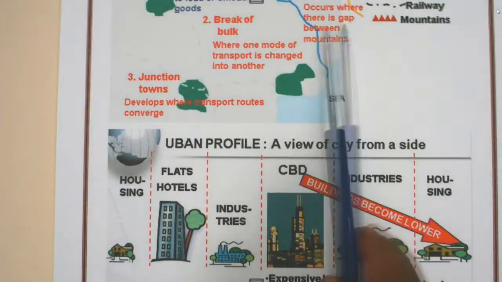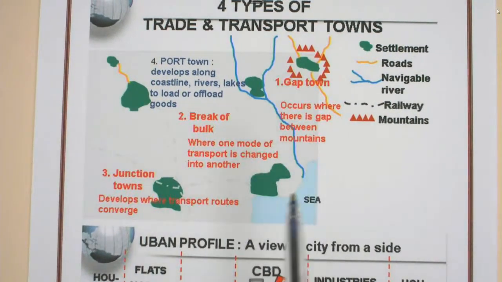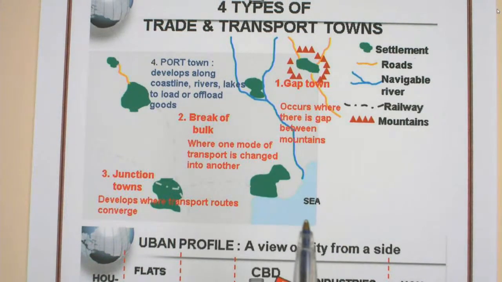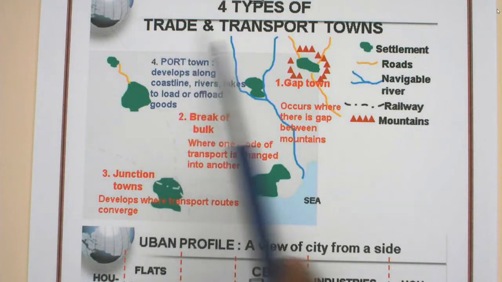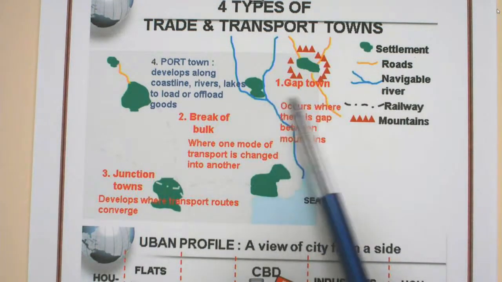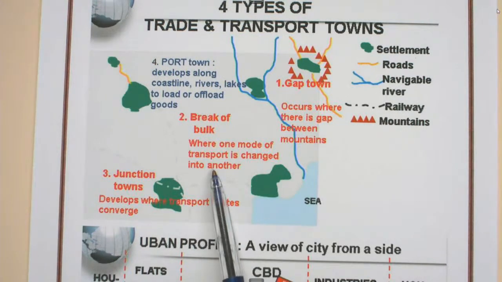Okay, there are 4 types of trade and transport towns. We're going to look at them. Remember, we did the first ones: central place and specialized. Now we look at the transport and trade towns. The first one is the gap town. It occurs where there is a gap between mountains. The second one is break of bulk, where one mode of transport is changed into another mode of transport.